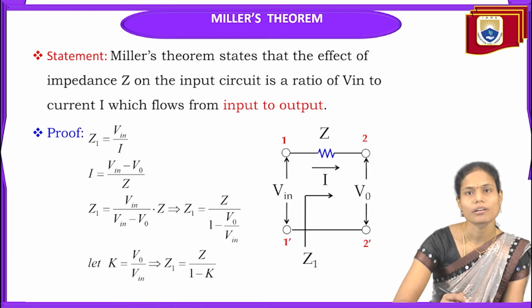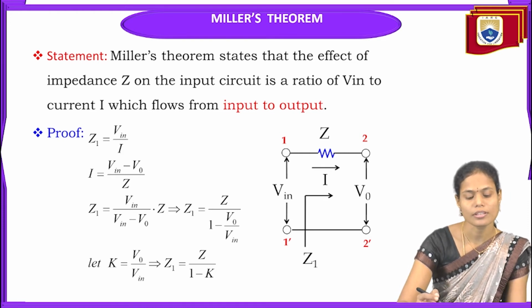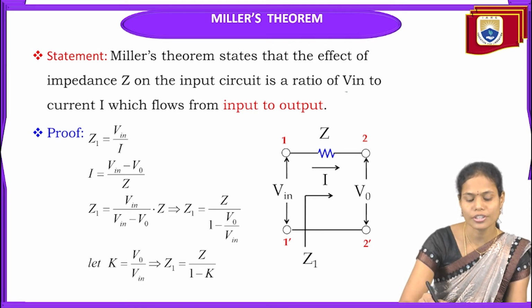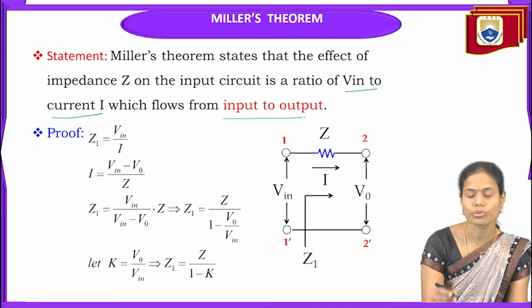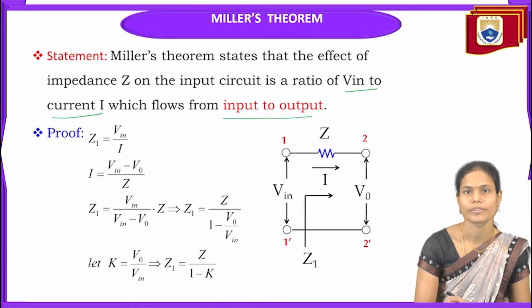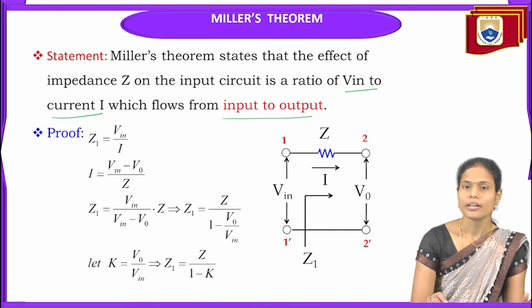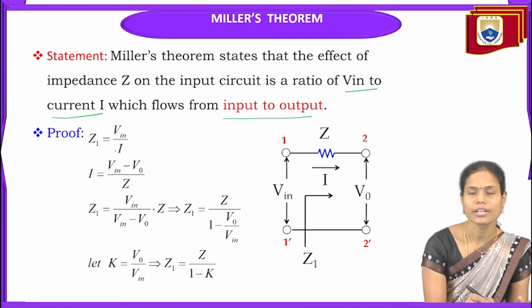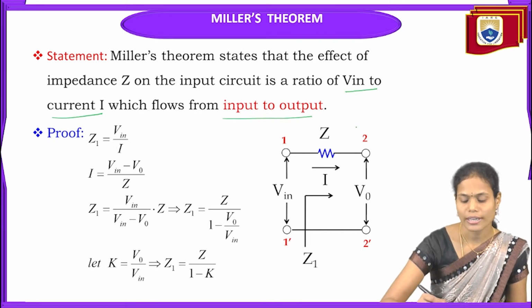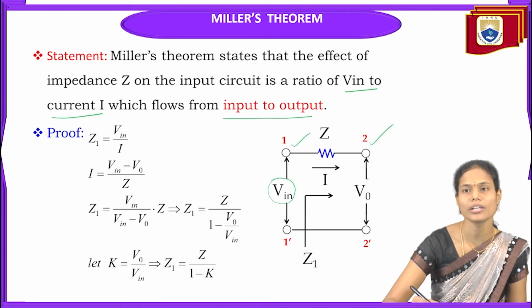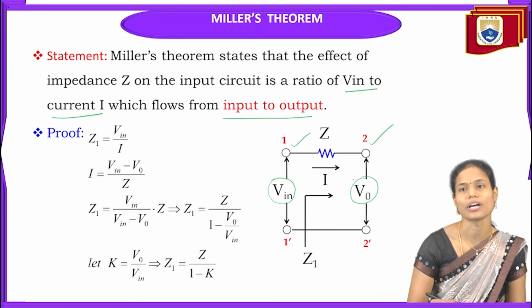How we got these 2 particular values, we will see. From the statement of Miller's theorem, the effect of impedance Z on the input circuit is the ratio of V to the current I which flows from input circuit to output circuit. So Z1 is equal to V in by I. For that I am taking the 2 ports again: input side we have V in, output side we have V out.